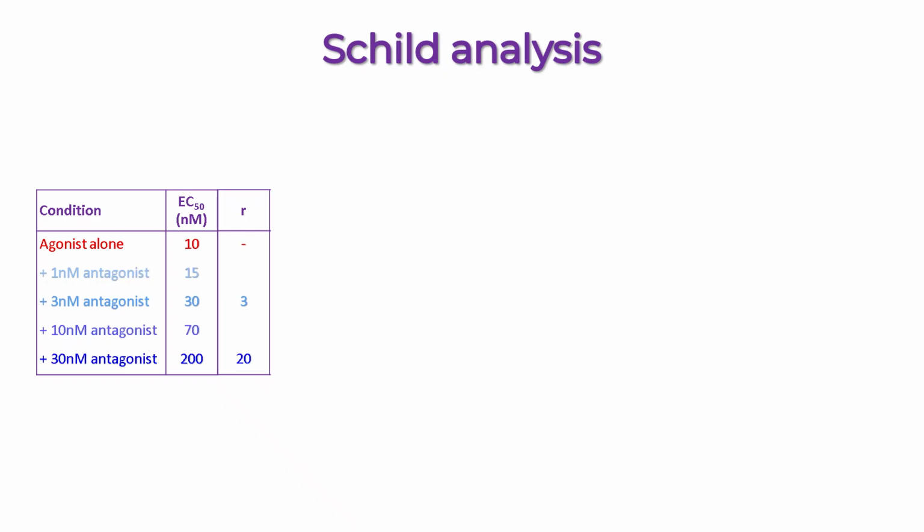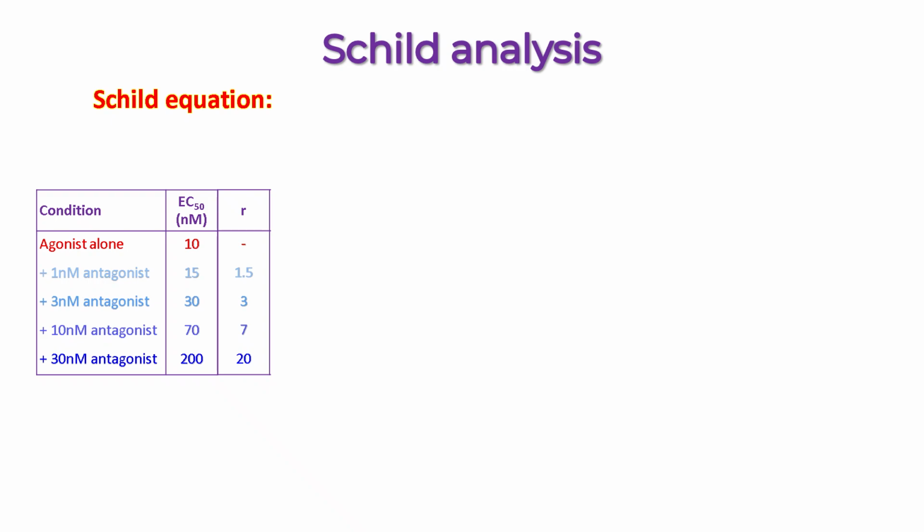Now that we've measured the dose ratios, we can use those values to perform a Schild analysis, a classic way to quantify the potency of a competitive antagonist. The Schild equation relates the dose ratio R to the antagonist concentration in the following way.